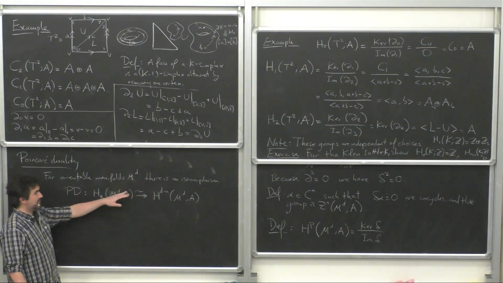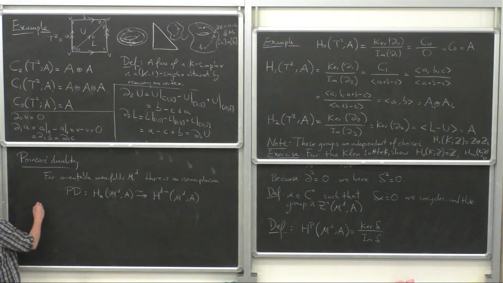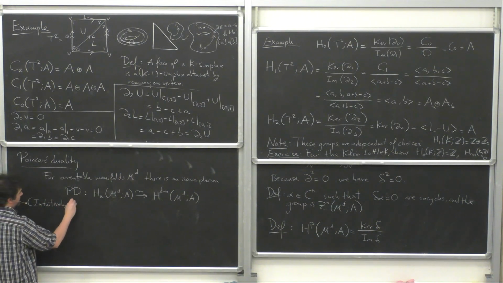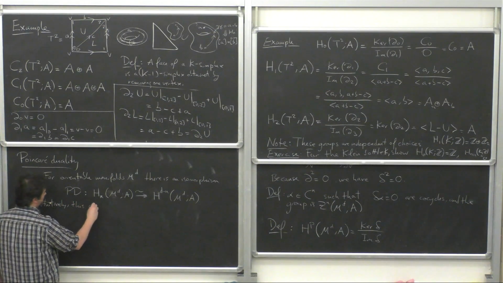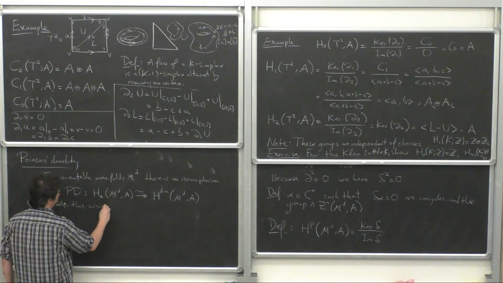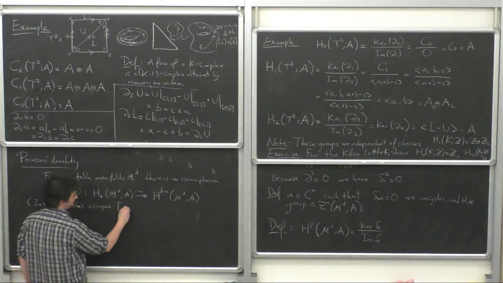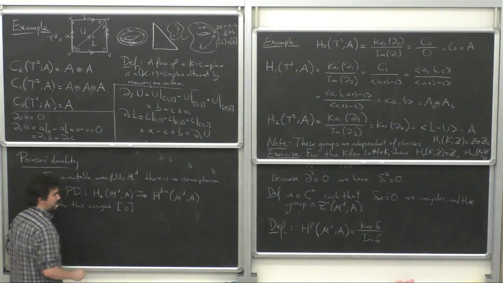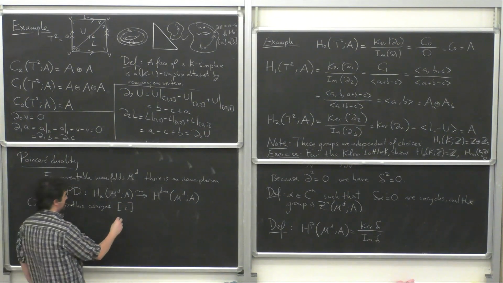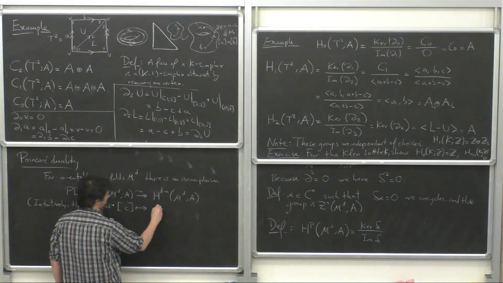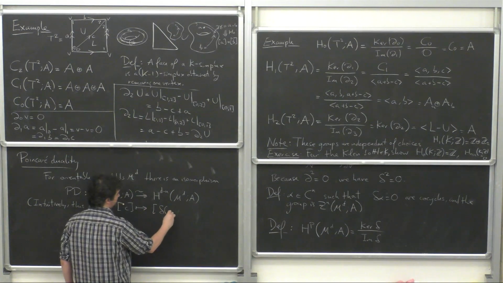I find this definition a bit more intuitive for the following reason. You give me some element here, which will be the class of some chain, and the image under this map would be the class of the delta function on the chain.